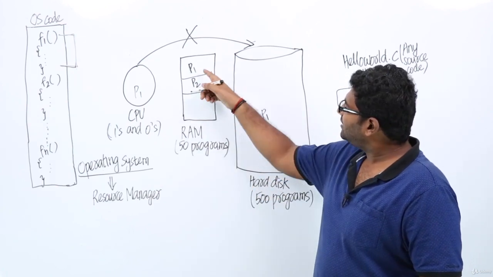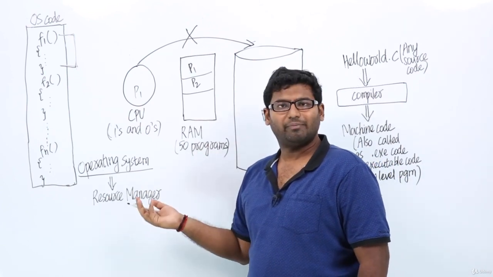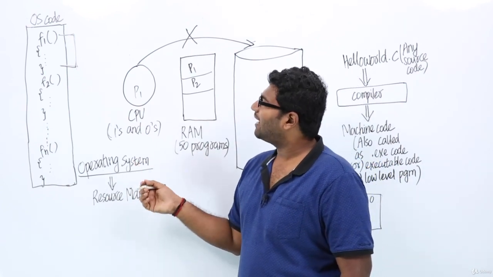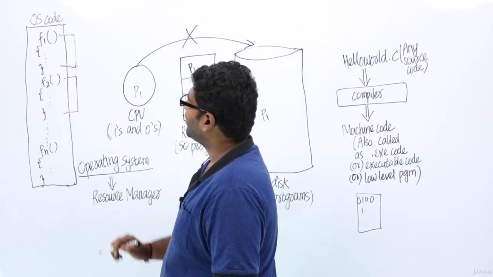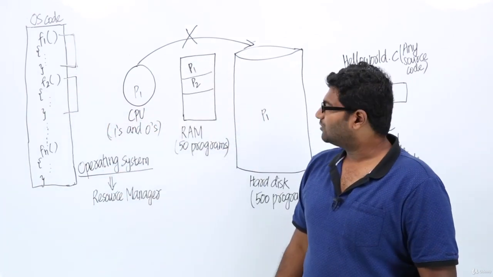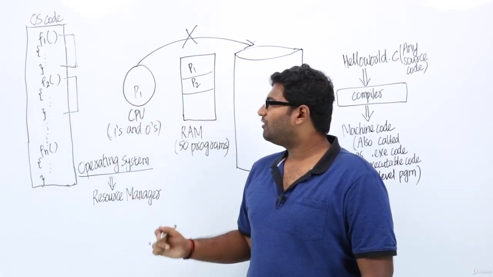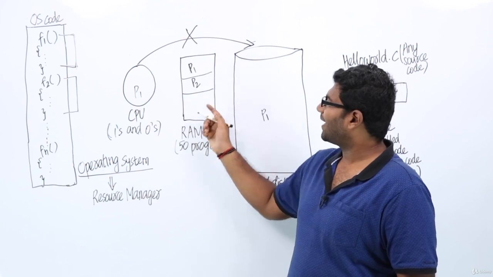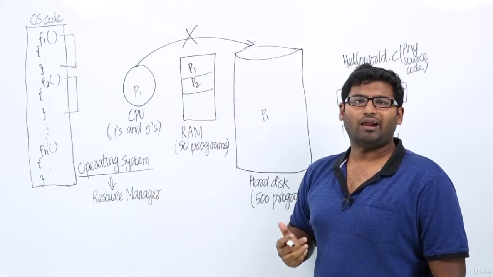Fine. Now out of these two programs, which program should access the resource? Here by resource I mean the CPU, and that is again decided by one of the functions of the operating system. Now this function will have the code which clearly says which process among these two should access the CPU. See, this is done by using an algorithm.